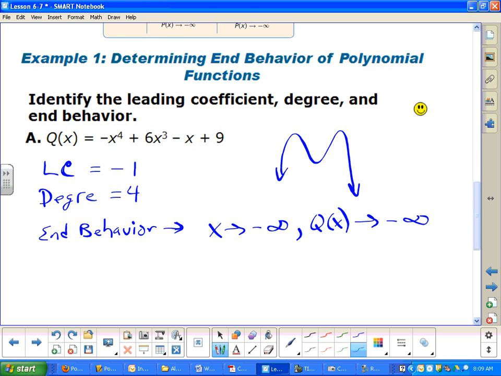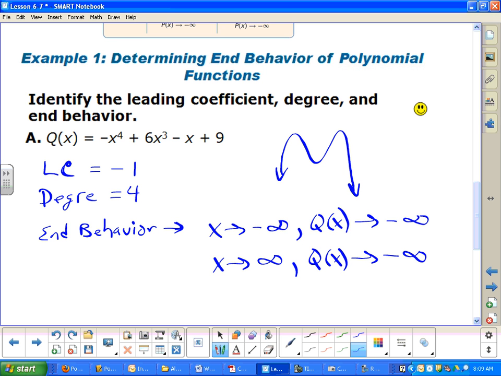That means as it's going to the left, it's going down. And as it's going to the right, positive infinity for x, our y value, or q of x, is going to negative infinity. It's going down.